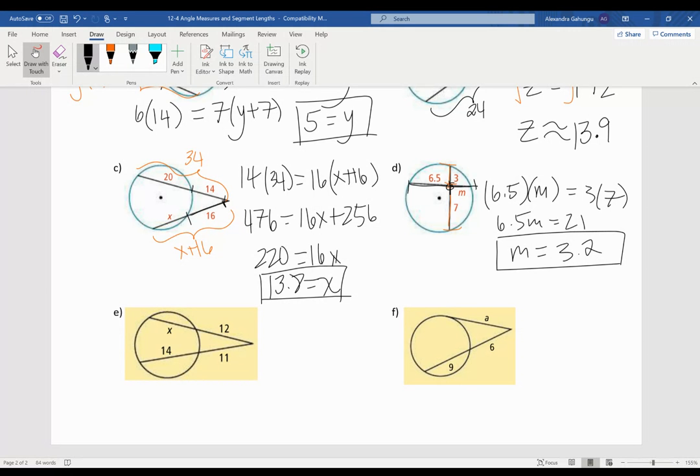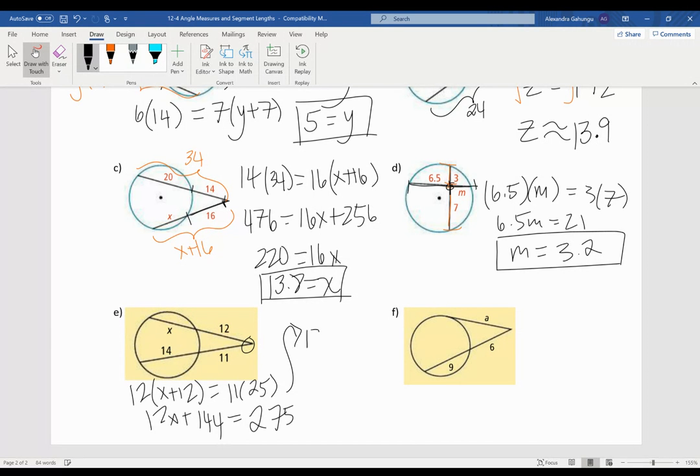Then this second to last one, intersect outside the circle, so I'm going to go a little faster now. Outside times the whole, so 12 times x plus 12 equals outside times the whole, 25. So 12x plus 144 equals 275.